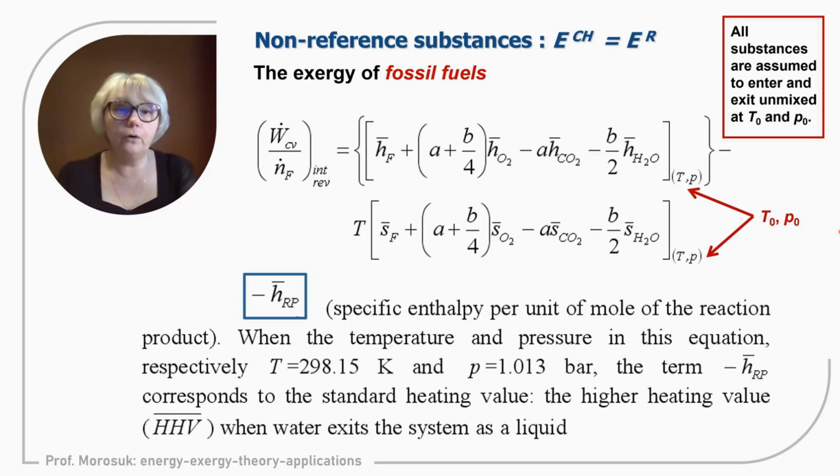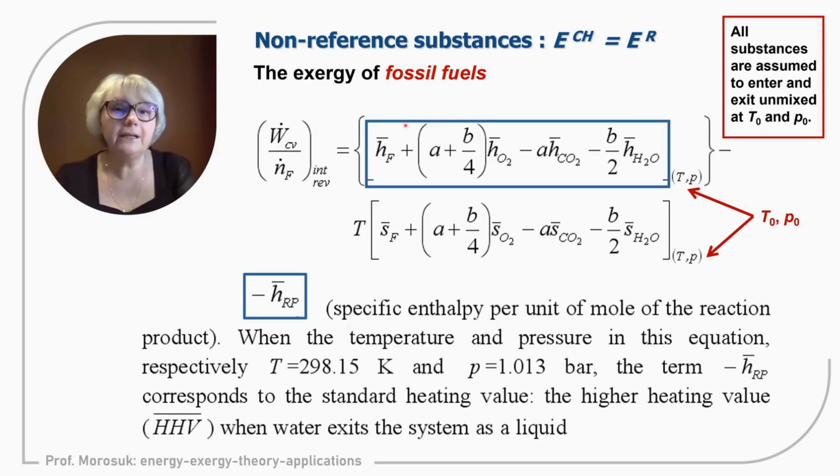And we know already from the discussions about the combustion process that this term, the enthalpy of reaction calculated at temperature and pressure of the environment, has a special term. It's called the standard heating value. So this is a characteristic of fuel. The higher this value, the better the quality of the fuel, if we discuss only energy analysis.